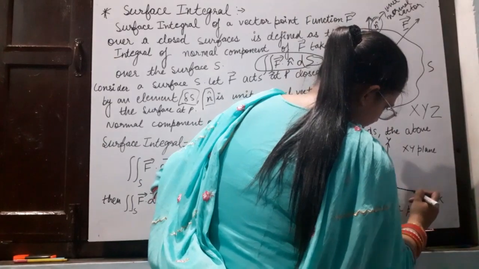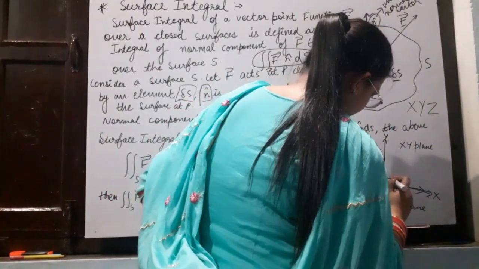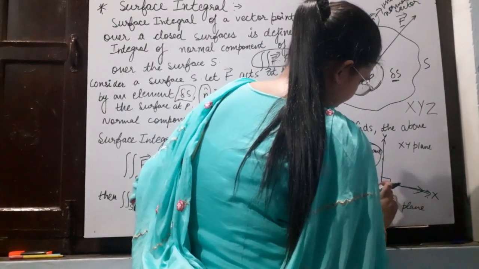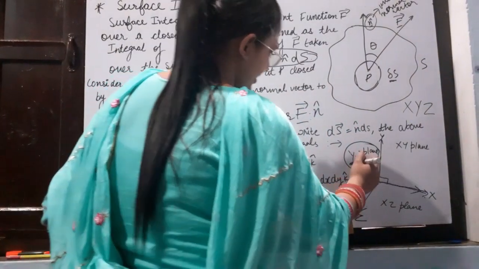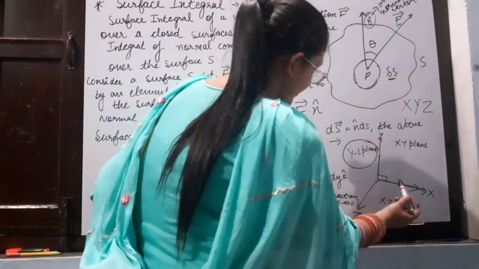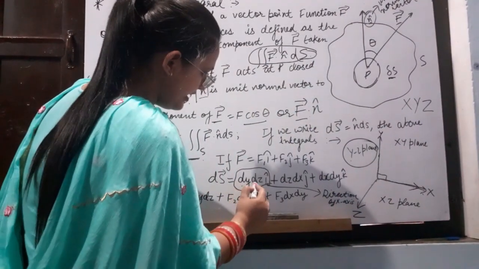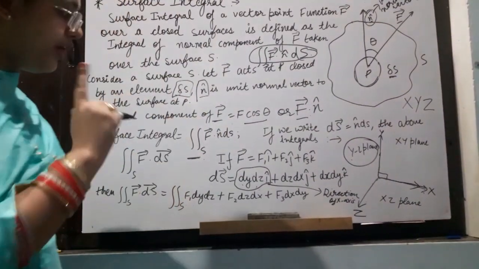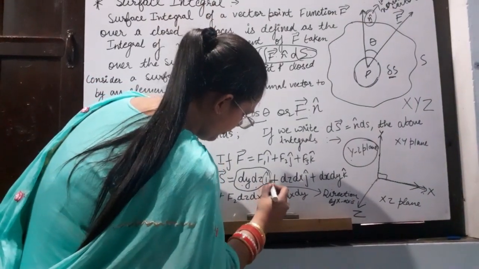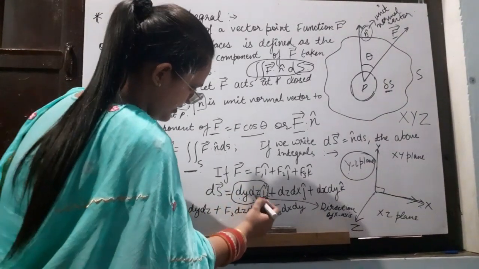The x axis is perpendicular to the yz plane. So we write dy dz i cap, not dx, because the direction of x is perpendicular to the yz plane.